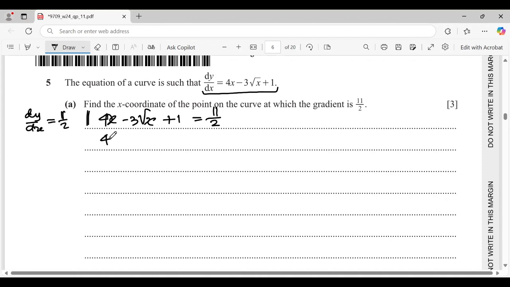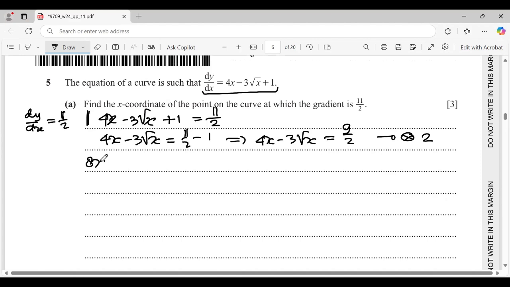I would like to write this equation as 4x minus 3 square root x equals 11 halves minus 1, or 4x minus 3 square root x equals 9 halves. Multiplying both sides by 2, it becomes 8x minus 6 square root x equals 9, or 8x minus 6 square root x minus 9 equals 0.